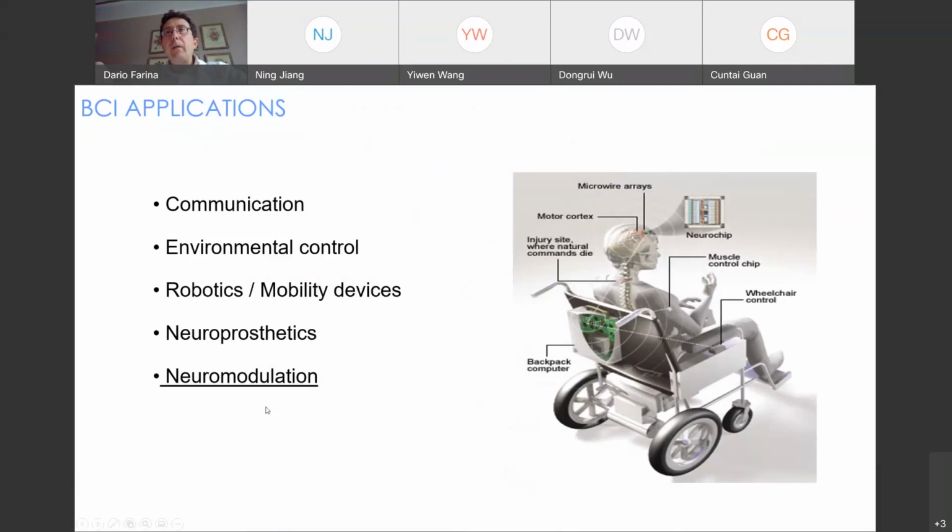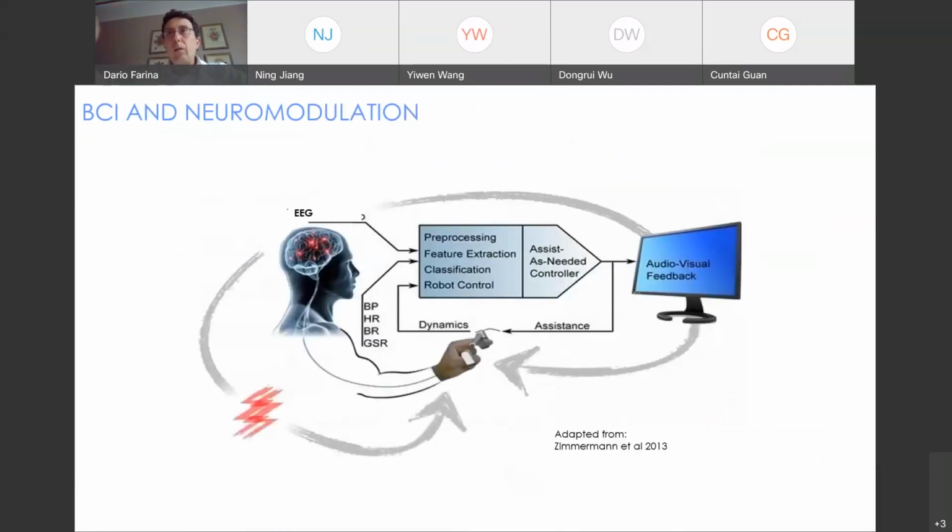And this is because BCIs are closed loop systems. So in addition to extracting and decoding brain activity, the brain receives feedback in various ways. This could be visual feedback, haptic feedback, or other types of feedback. And in doing that, the brain adapts to the machine learning algorithms or to the specific implemented BCI.